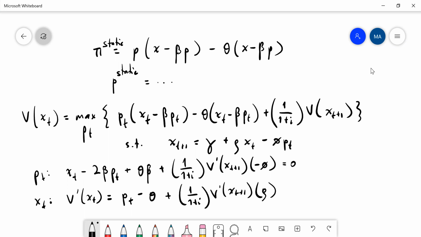Now, if you compare the price in the case of static profit with the price originating from this equation, you will understand that they differ. And now the monopolist considers the pricing decision in such a way that the continuation value will be optimal, right? So this part will be optimal.